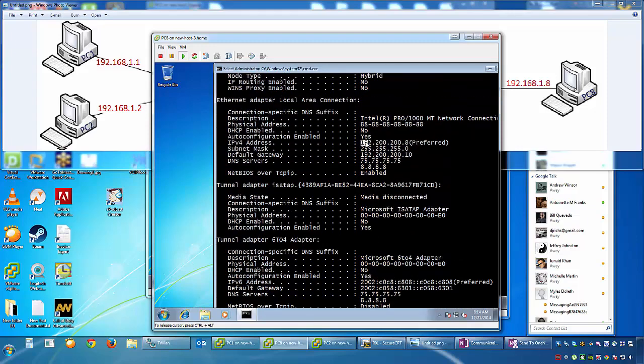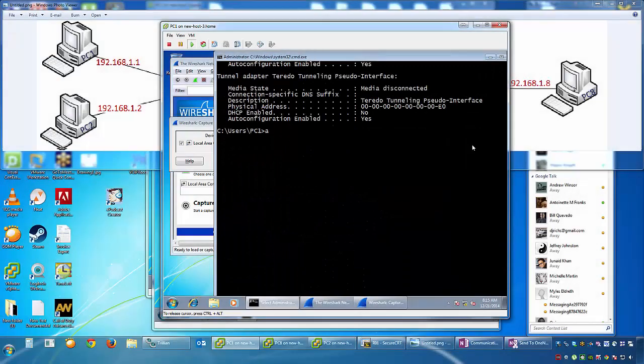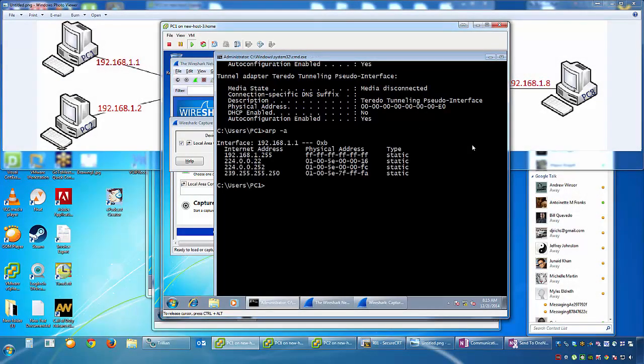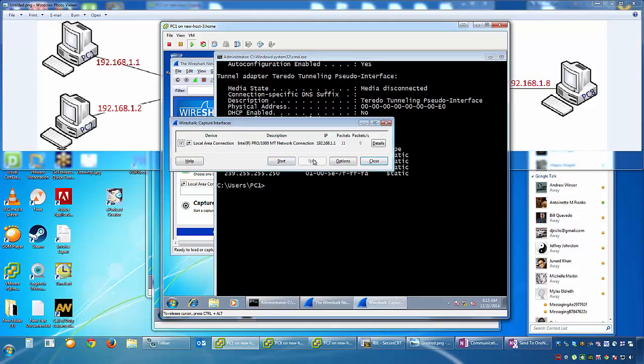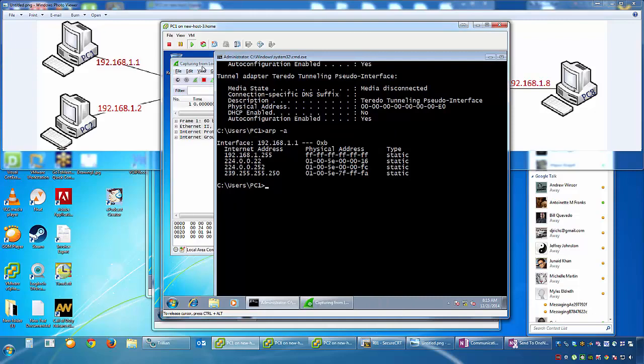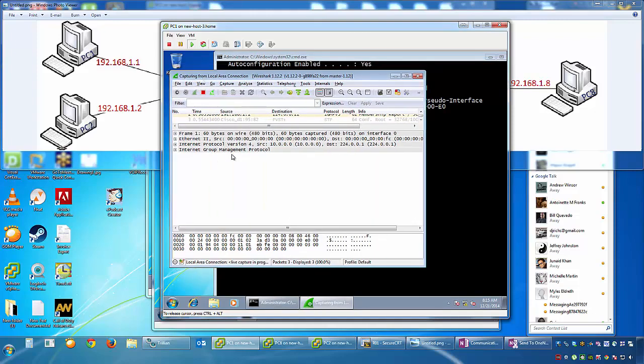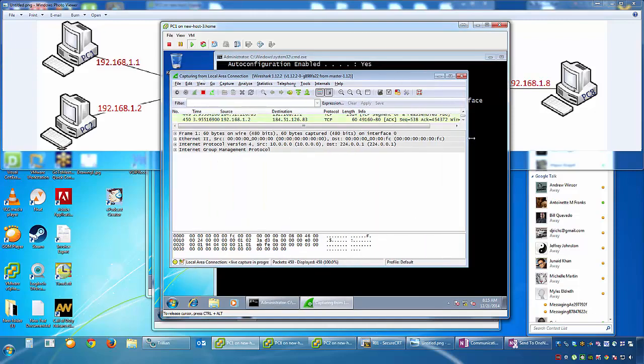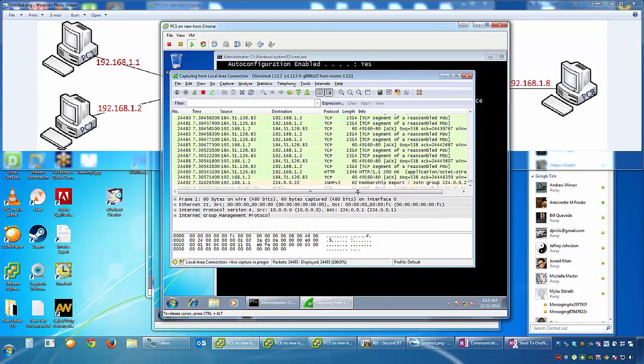Now let's go over here to PC8. And as you can see, 192.168.2.8 and all 8s. Take a look at our ARP table here. So you can see I don't have anything for the other PCs yet. So let's take a look at our traffic. And as you can see, we already got a bunch of stuff going out.